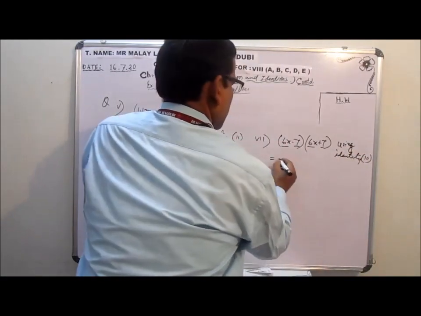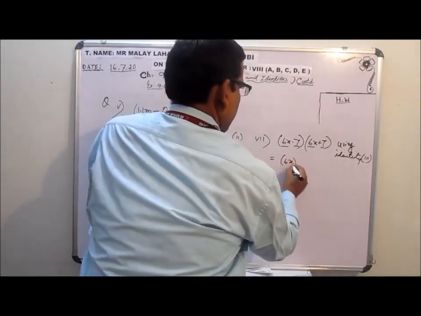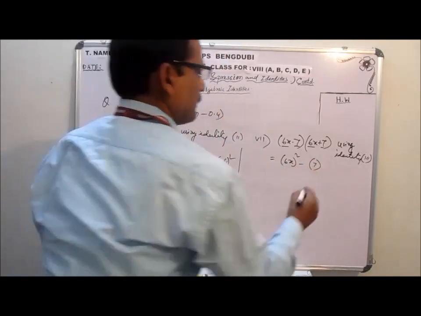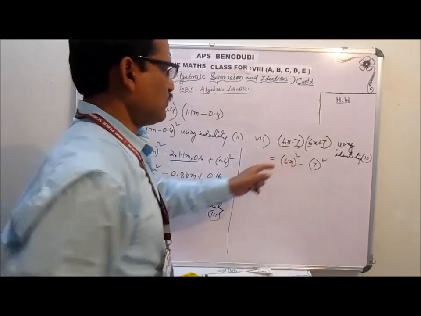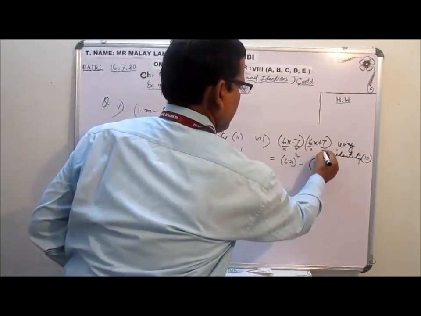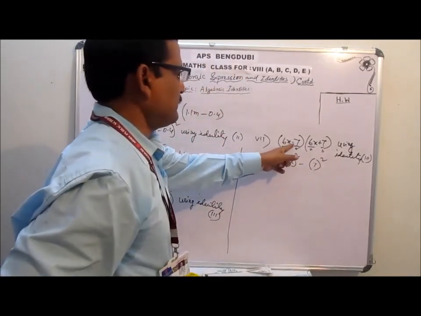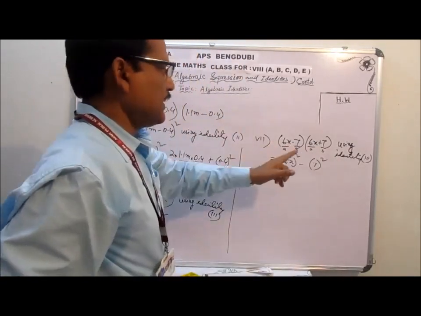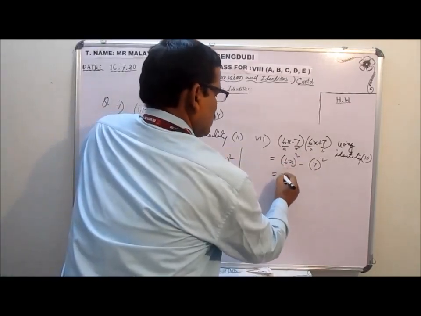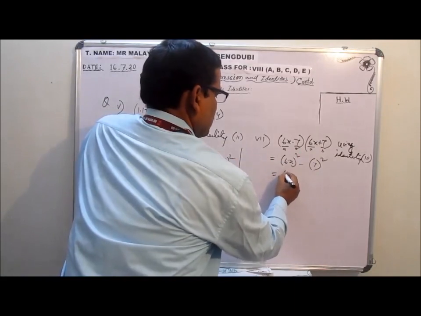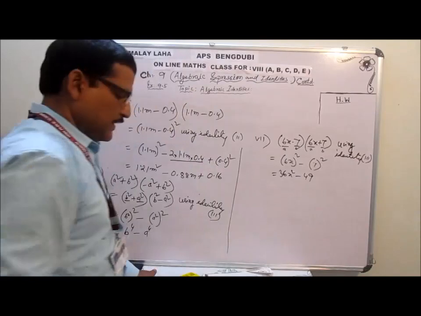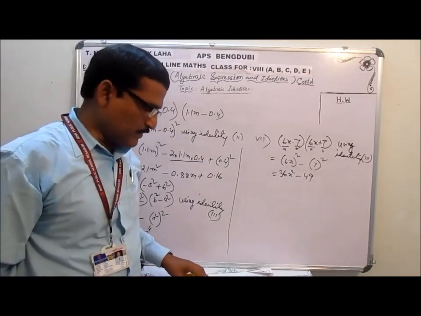So it will be A square minus B square, 6 square minus 7 square. This one I have to treat as A and this one you treat as B. That is (A minus B)(A plus B), which equals A square minus B square. Okay, so if I find the squares, it will be 36x square minus 49. Within 3 lines, your sum is complete.